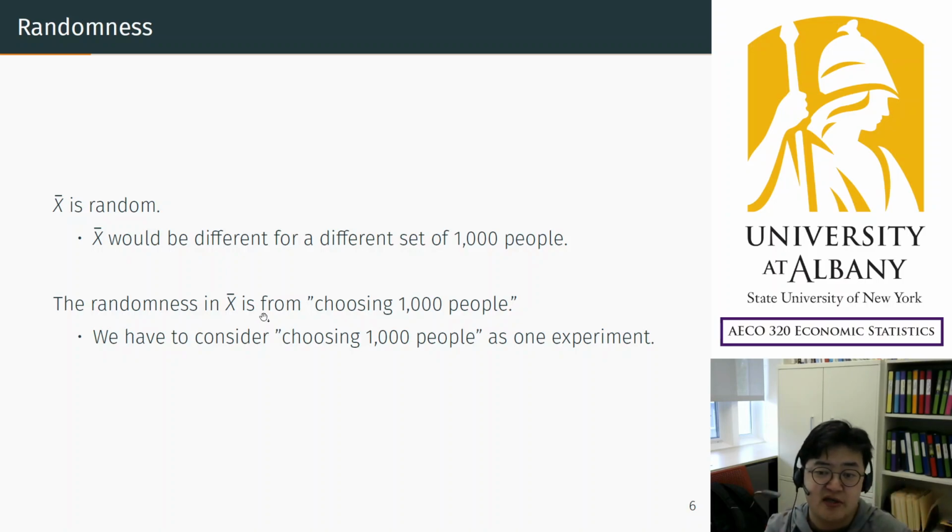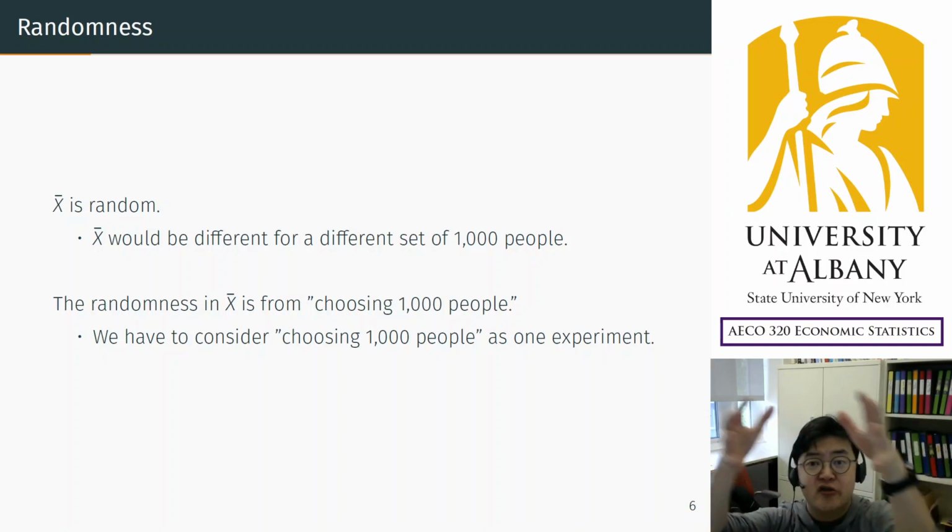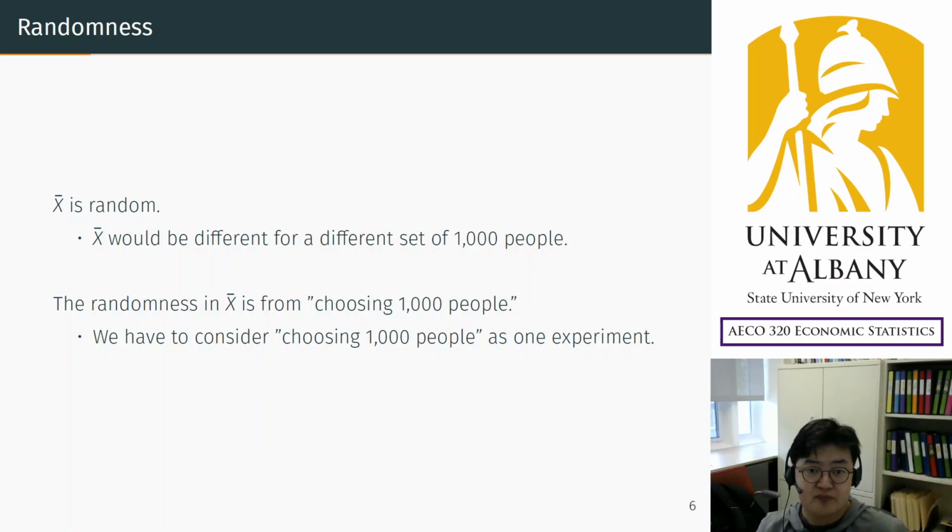Then we can understand choosing 1,000 people as one experiment, right? So repetition of that experiment is choosing another set of 1,000 people. If you repeat this experiment 10 times, an easier way to think about it is, say there are 10 independent research centers, and they independently choose 1,000 people and calculate their average income.